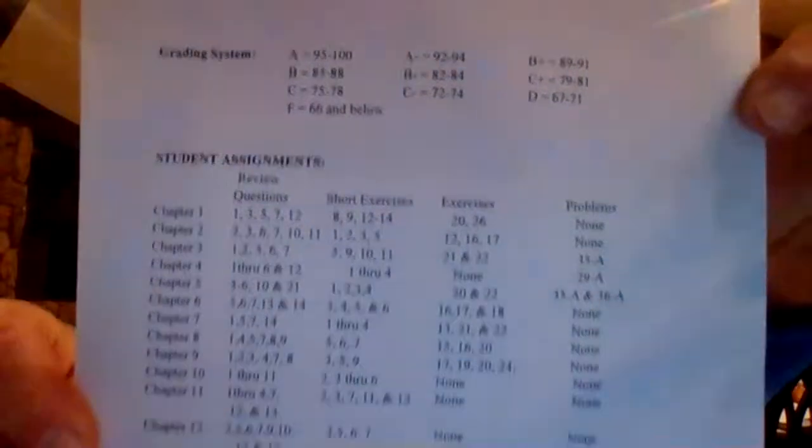Also, if you want to do other questions or short exercises or problems, maybe when we do our Zooms, you can ask me about those or email me. But the minimum I want you to do are the ones under the section student assignments in the syllabus.